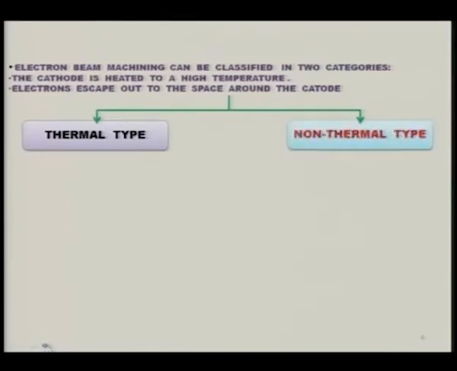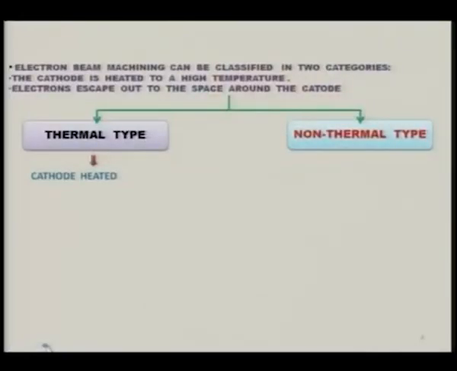The second category is non-thermal type of electron beam machining process. In this talk I am going to discuss only thermal type of electron beam machining process, where highly concentrated large amount of heat is generated. As a result of that, as we will see, the workpiece material is melted and evaporated.